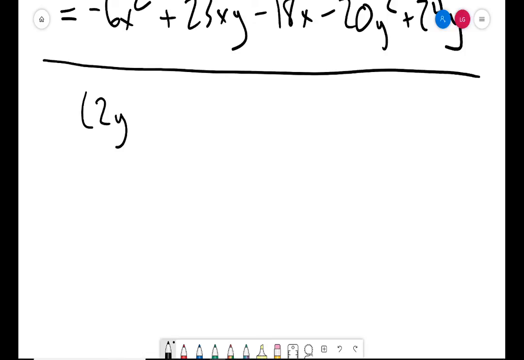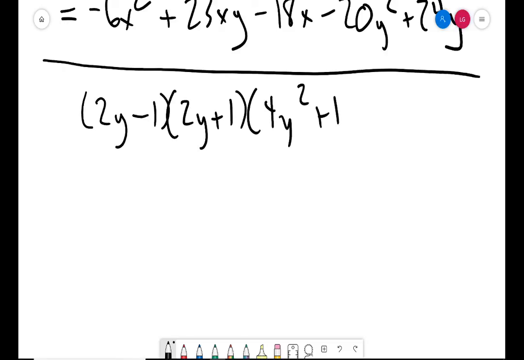Let's do 2y minus 1 times 2y plus 1 times 4y squared plus 1. Just clean this up a little bit, make sure that everyone knows what's going on. Those are three sets of parentheses. So here's an example.